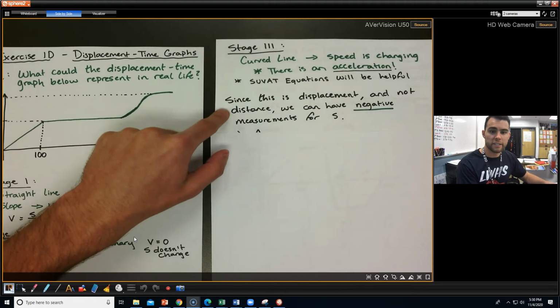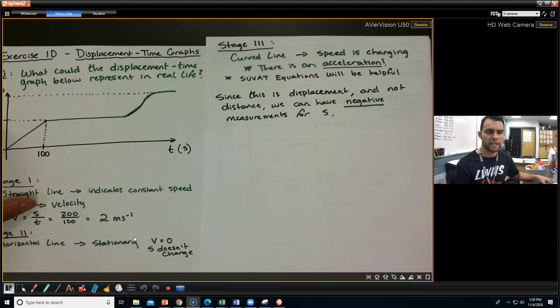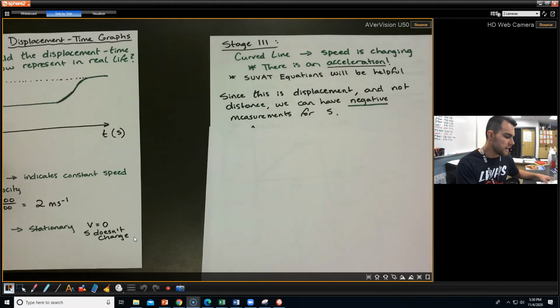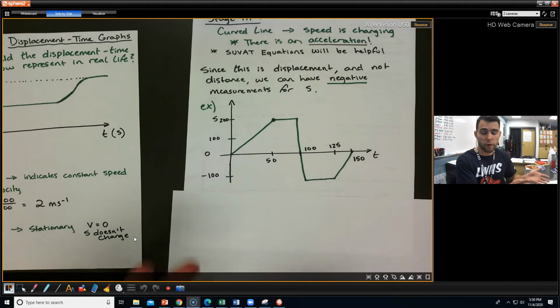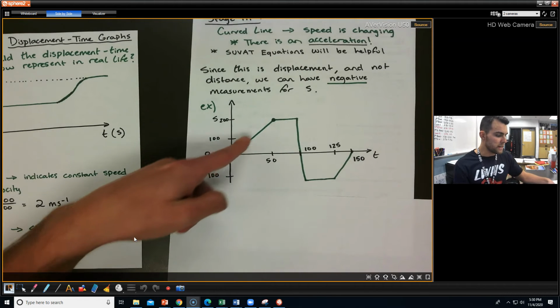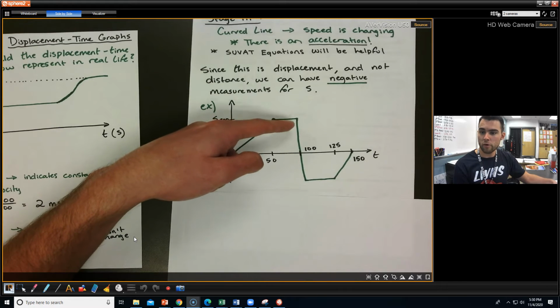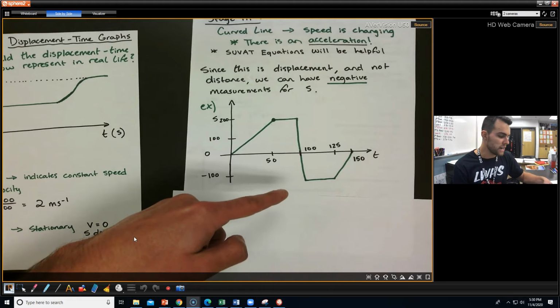Since this is displacement, though, and not distance, we can have negative measurements for s. I'm not restricted to quadrant 1 on my coordinate plane. I, in fact, can have a graph that might look something like this, right? You start off being positive, maybe it's nap time, and then you almost teleport or you are the Flash all of a sudden because you just speed in the negative direction.